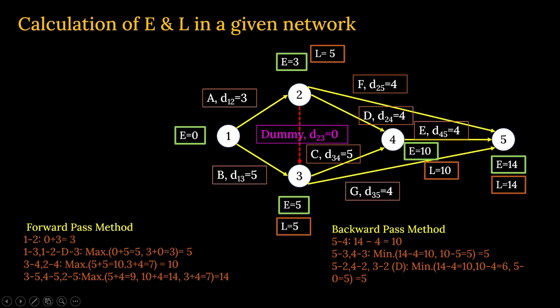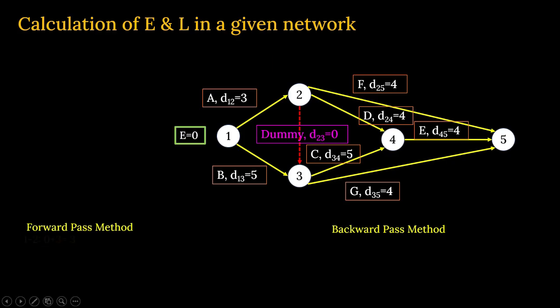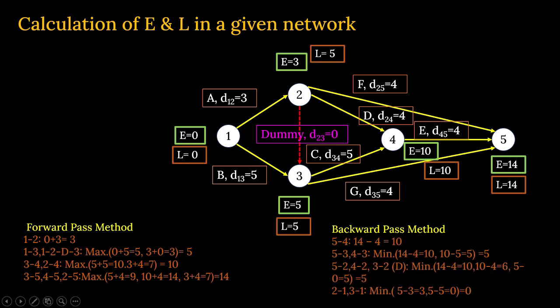Now the remaining one is node number 1. How many arrows are coming back? 2 to 1 and 3 to 1. 2 to 1, L is 5, duration is 3. So 5 minus 3 is equal to 2. It will be 2.